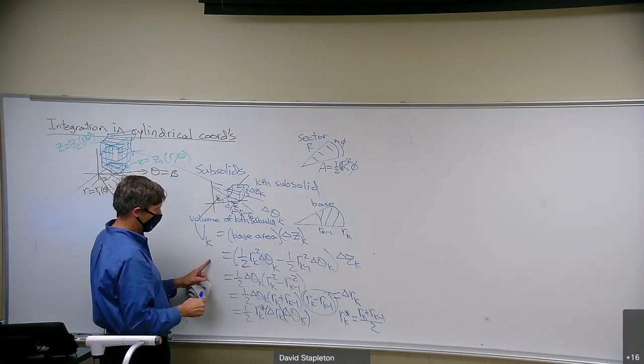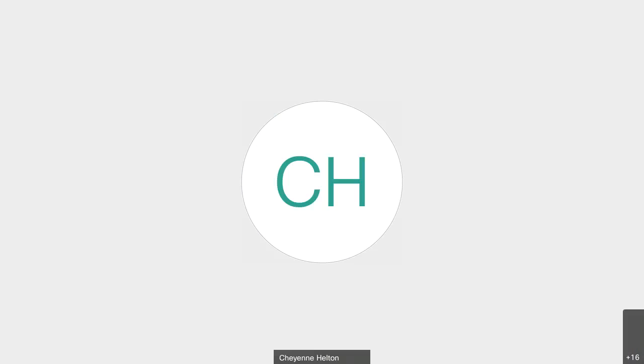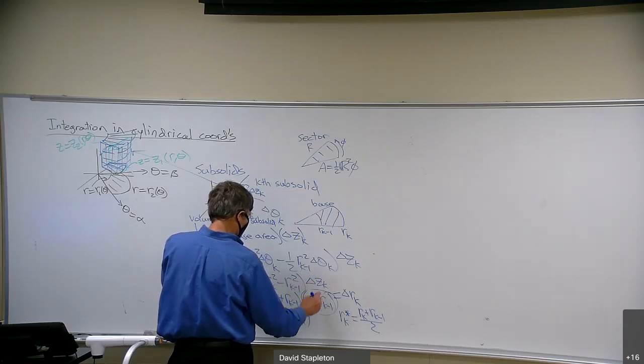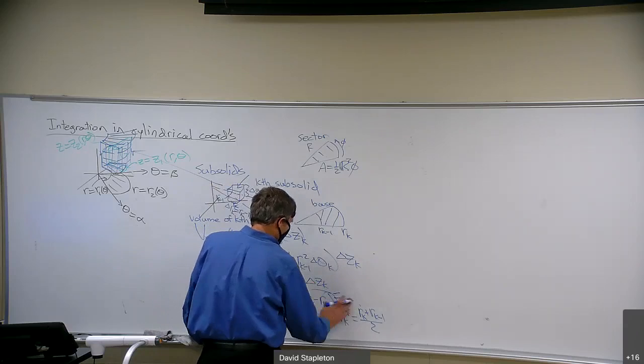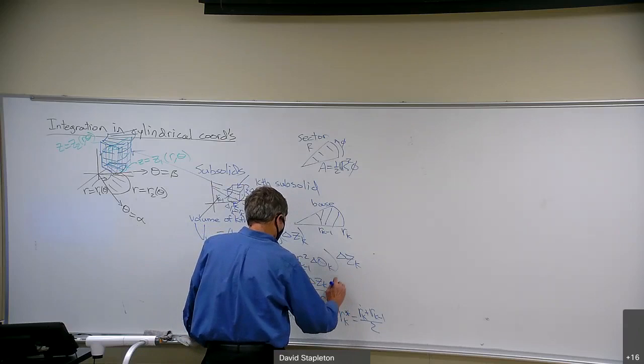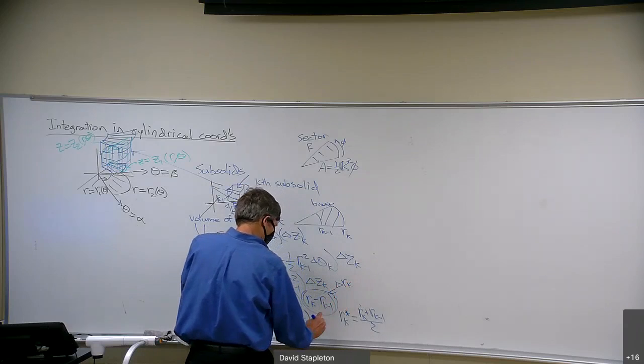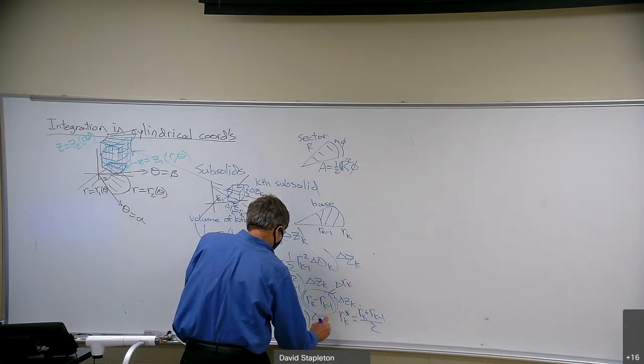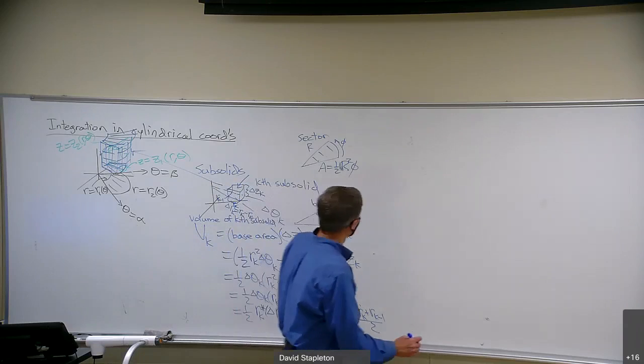Where's the height going though? Oh, I forgot the delta z, you're saying. Yeah, you're right, thank you. I had to come back and get that. Delta zk, yeah, all this is multiplied by delta zk. Sorry about that. I'm going to need that in just a second. Delta zk on each one of these, just on the end. Appreciate that.